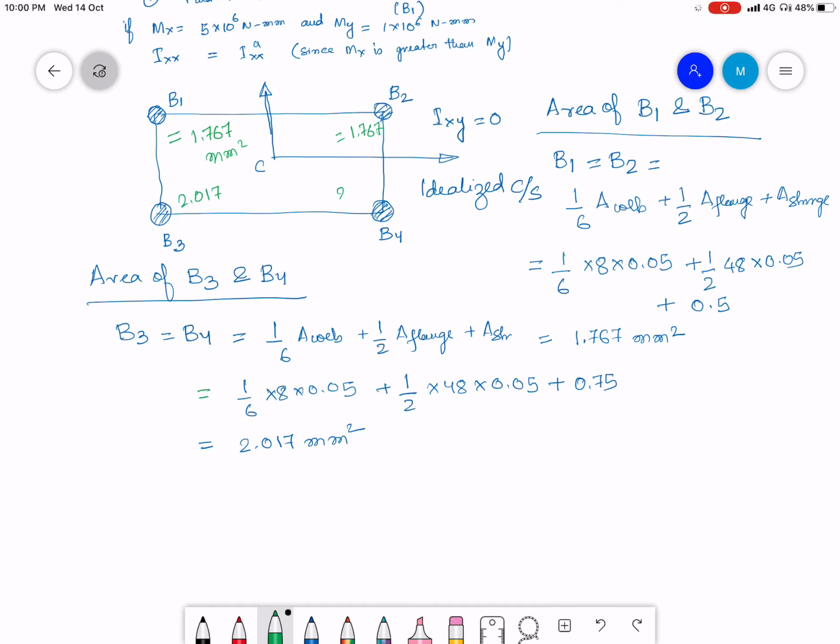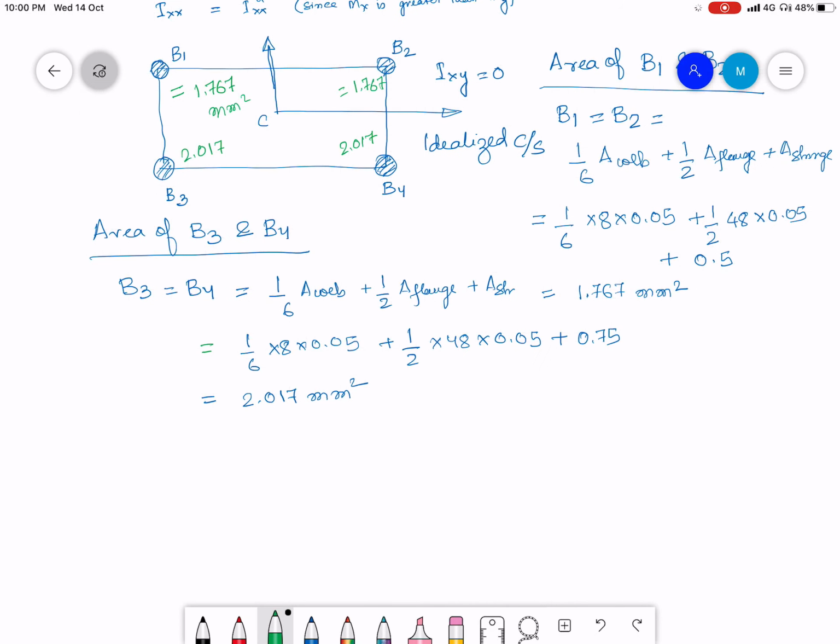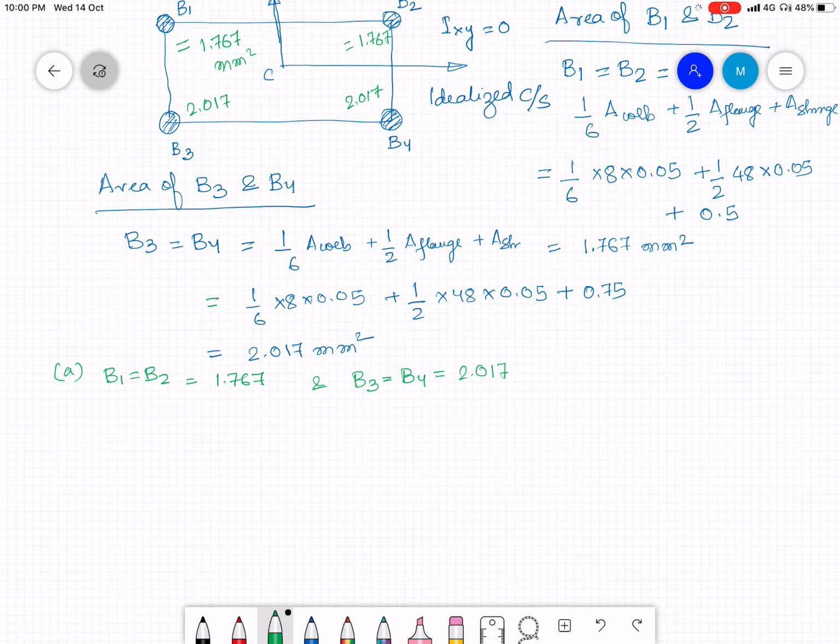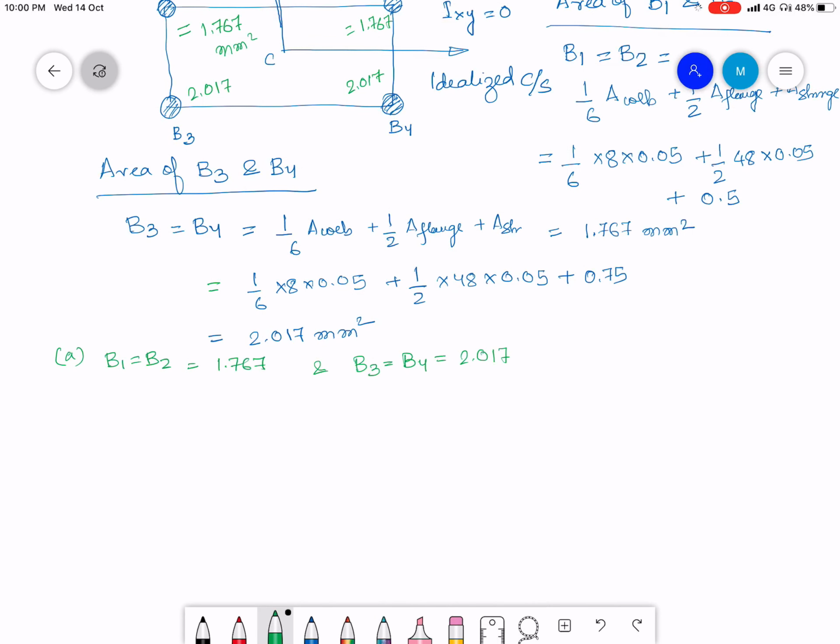So the first part is done. The answer to the first part is B1 equals B2 equals 1.767, and B3 equals B4 equals 2.017.